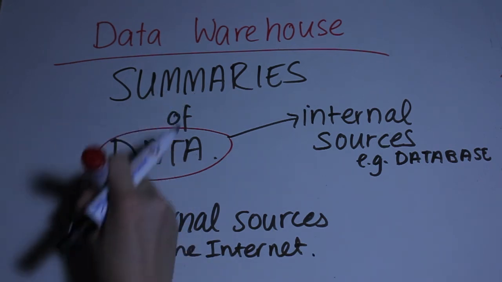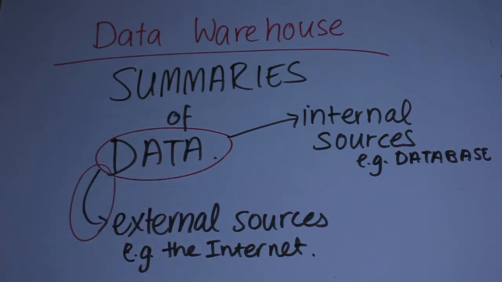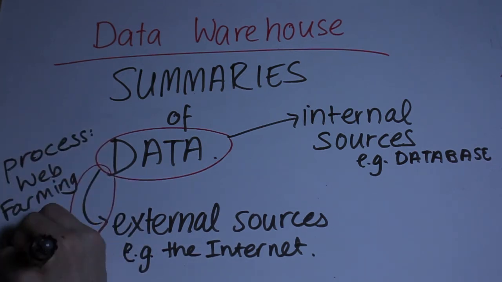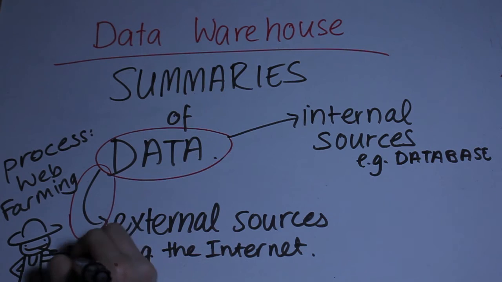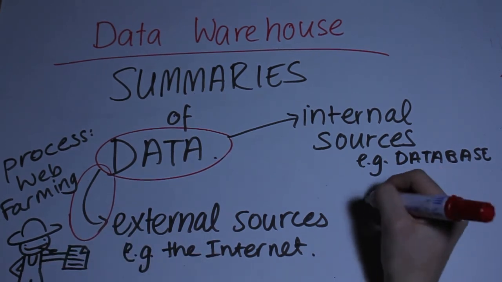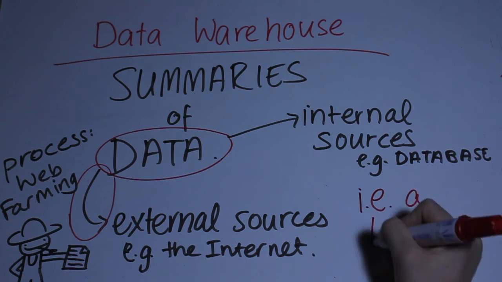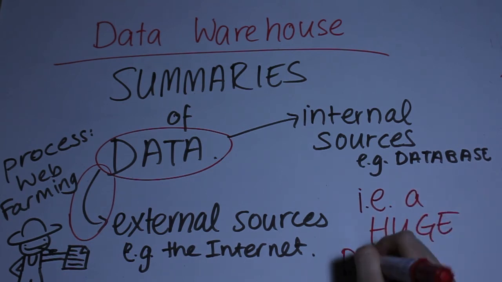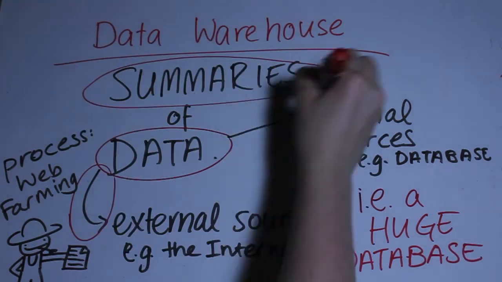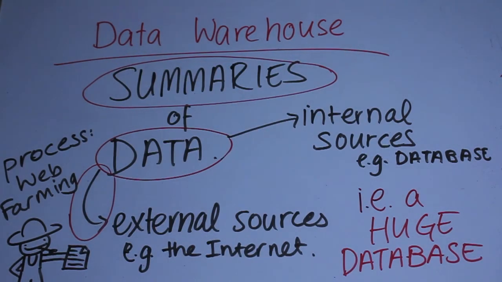To collect data from the internet, data warehouses can use a process called web farming, which means farming through the internet in search of documents that are relevant to the data warehouse's purpose. So, a data warehouse is basically a huge database that stores data in mostly summary form. It also stores information from external sources such as the internet.